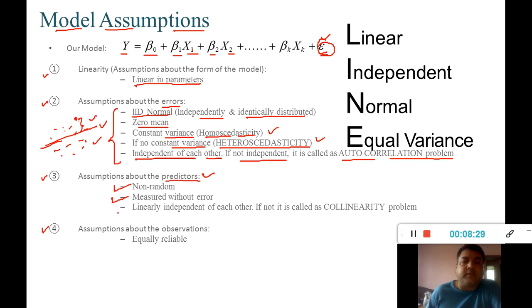We have seen all these examples. And then the third one, which is the most important one, is that they should be linearly independent of each other.